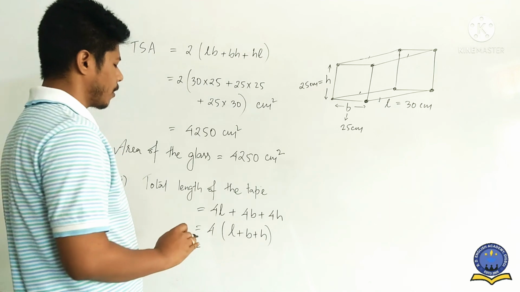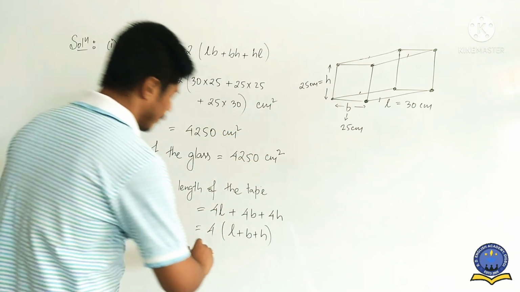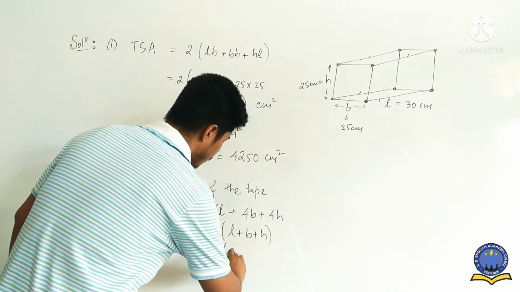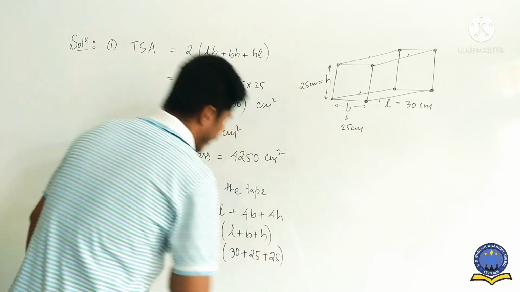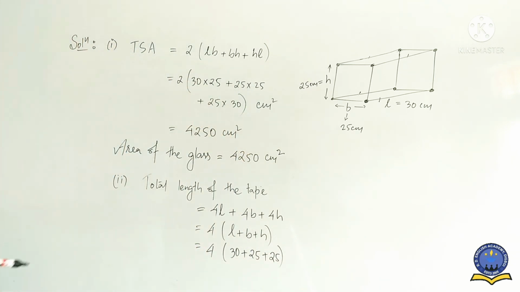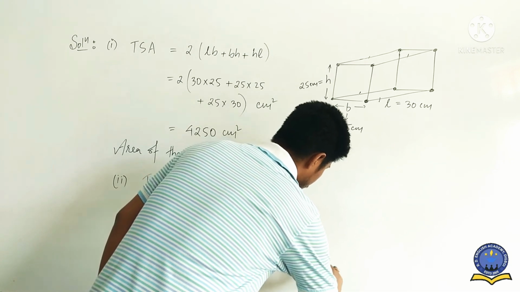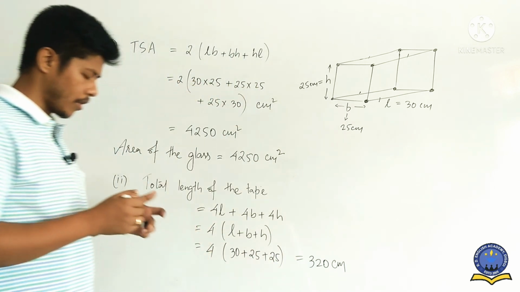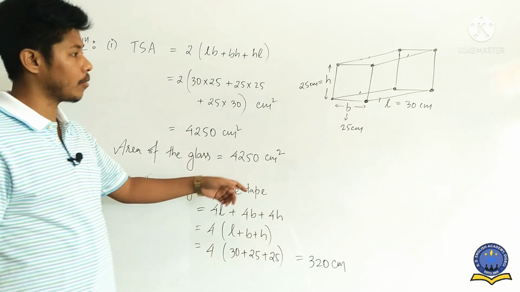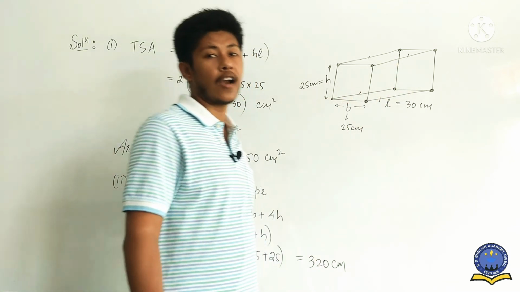If you put the value here, length means 30, breadth means 25, and height 25. So we write 4 times 30 plus 25 plus 25, and if we calculate this one, ultimately we get 320 centimeter. This one is the total length of the tape, that means this amount of tape is required to cover this herbarium.